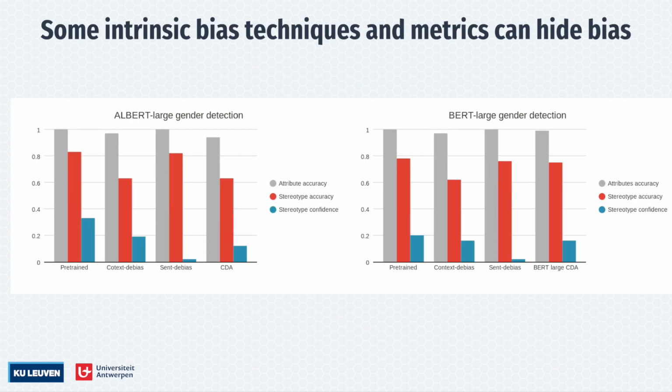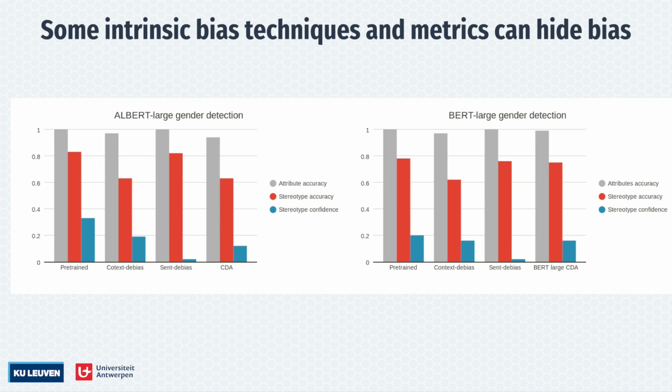What we found from our probe, in relation to the standard metrics we used earlier, was that some of the mitigation techniques can indeed hide bias instead of resolving it. What we mean is that using the probe, we're able to uncover bias to very significant levels, almost to the extent of the pre-trained levels, in debiasing techniques such as Sent-Debias for both ALBERT Large and BERT Large.